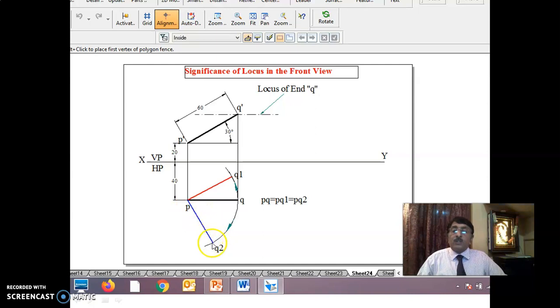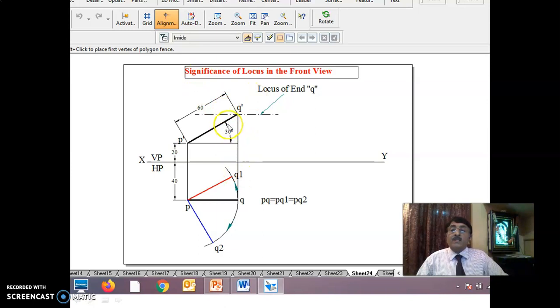In this position also, the inclination to HP is 30 degree, but it has some inclination to VP. But whatever it is, the end Q2 distance above HP remains the same. That is, this is the distance above HP locus. Q2 dash will be on the locus only. That is the significance of the locus in the front view.